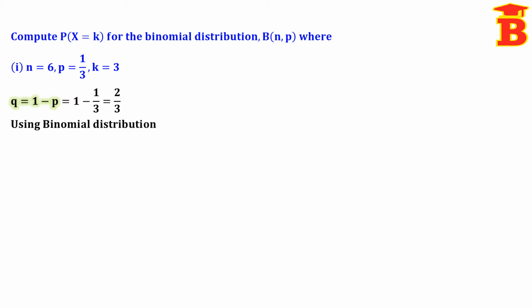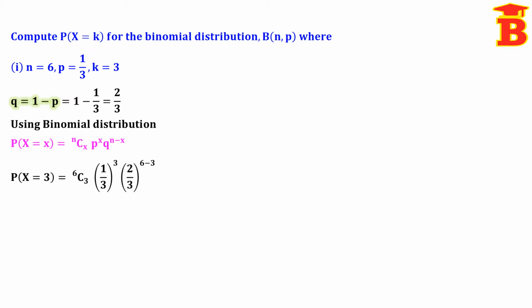Now using binomial distribution, the formula is P(X = x) equal to nCx p^x q^(n-x). Here we have to calculate P(X = 3).